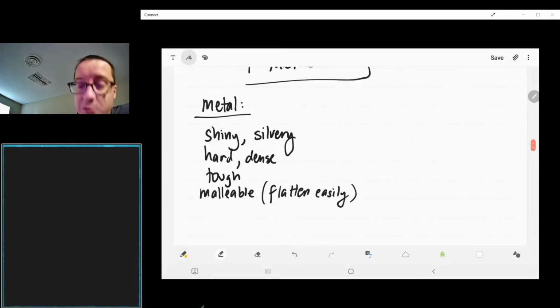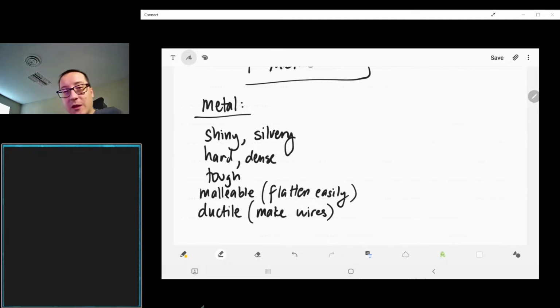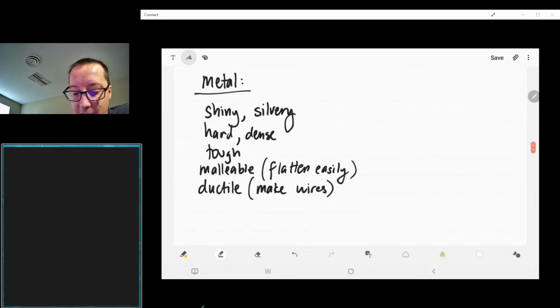Like we can make aluminum foil pretty easily. We can make really thin sheets, like gold leaf. They're ductile, meaning we can make wires of them. We can stretch them really thin as well. Let's see what else we have. These are pretty conductive as well, both to heat and electricity.